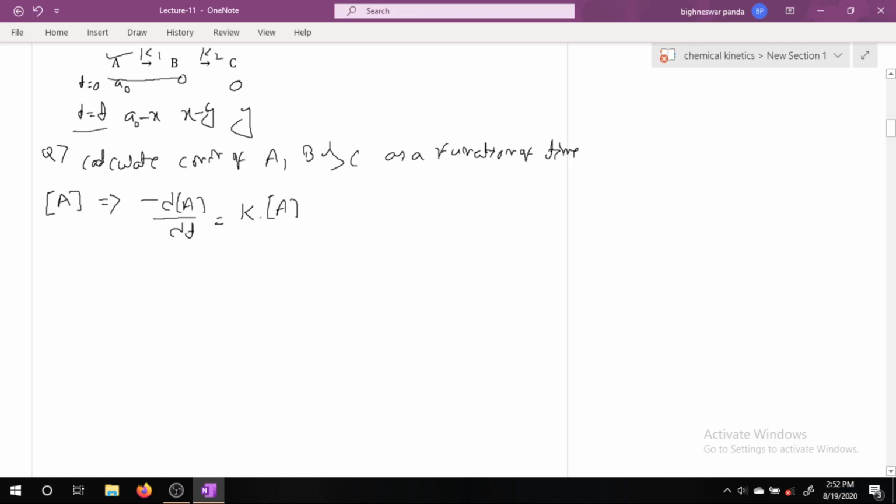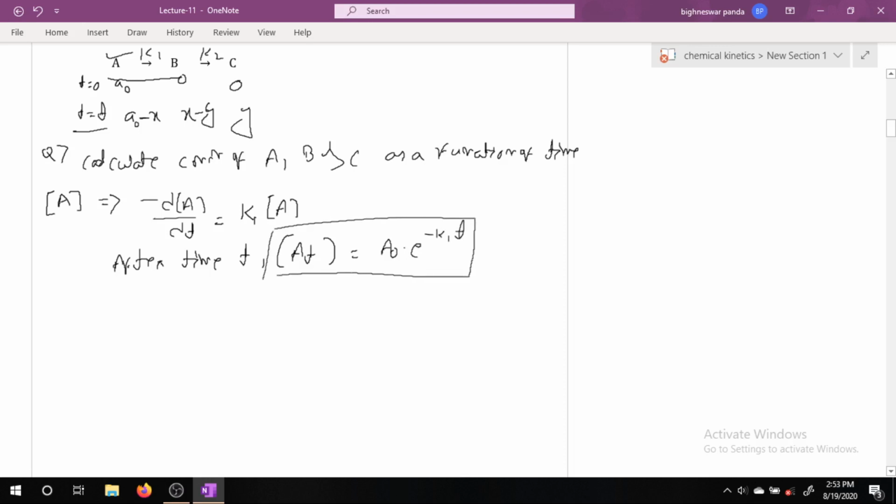So minus dA by dt equals K1 into A. After time t, the concentration left, At, is equal to A naught into e to the power minus K1t, just like your first order reaction.